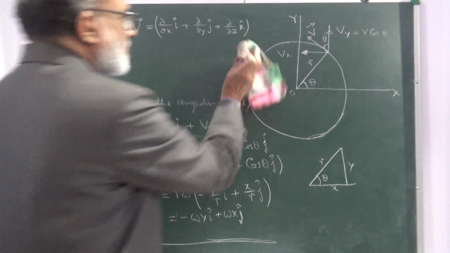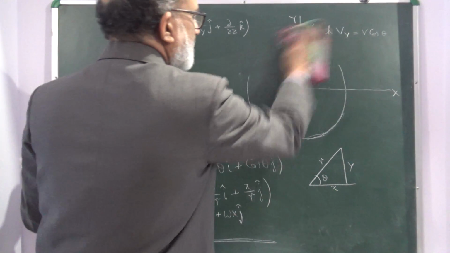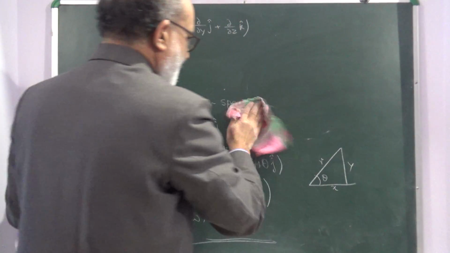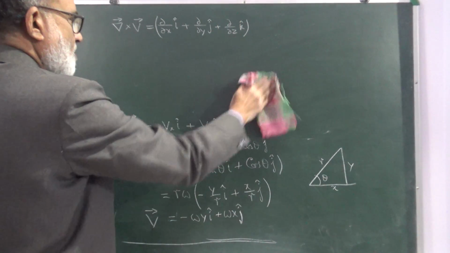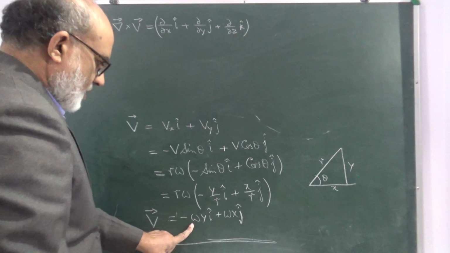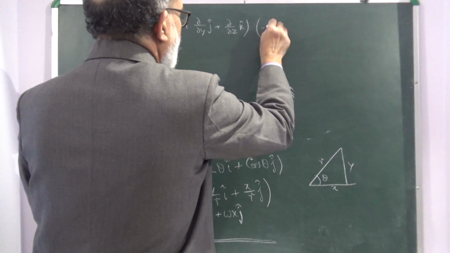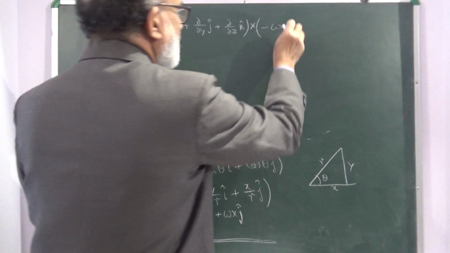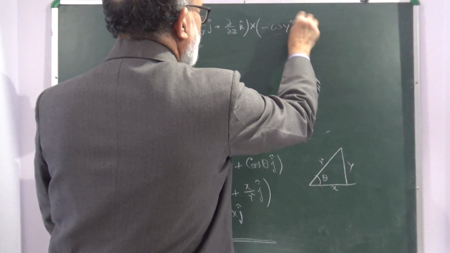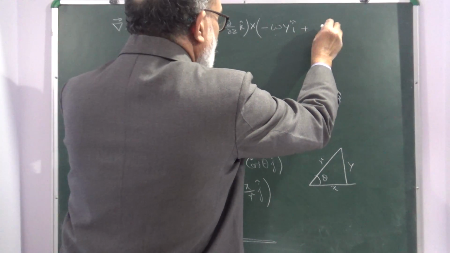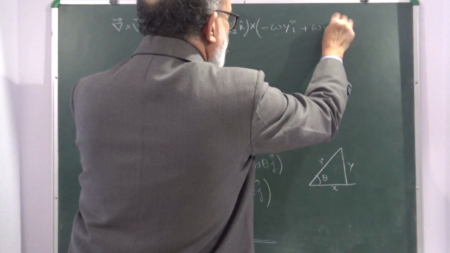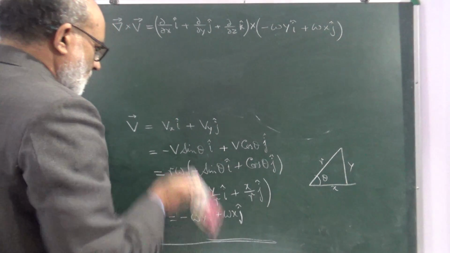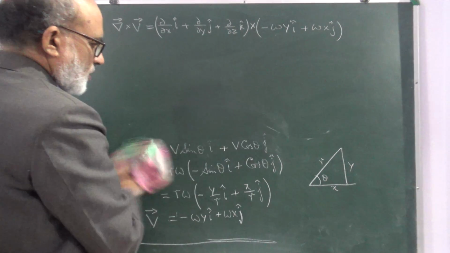And v is given by minus omega y i plus omega x j. So we know how to take the cross product.